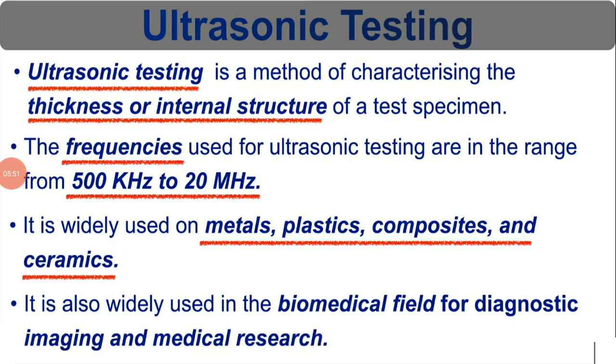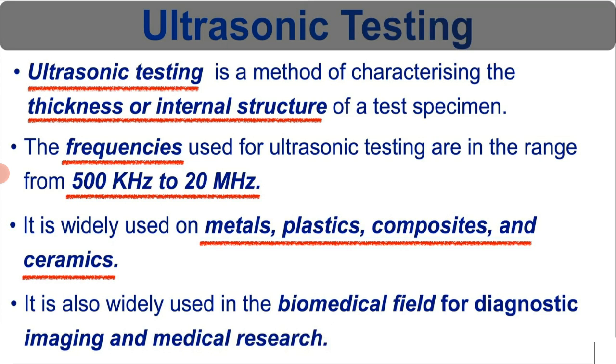Okay, next technique we will see is ultrasonic testing. Ultrasonic testing is a method of characterizing the thickness or internal structure of a test specimen. The frequency used for ultrasonic testing is in the range from 500 kHz to 20 MHz.